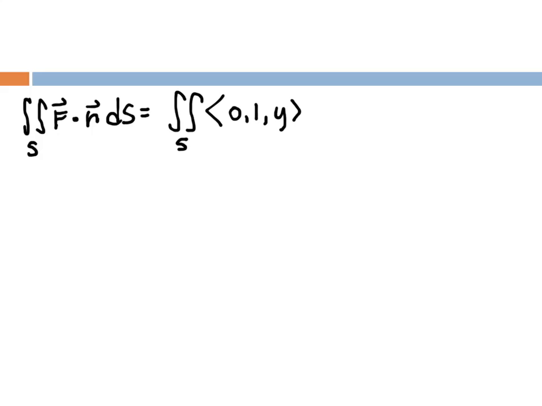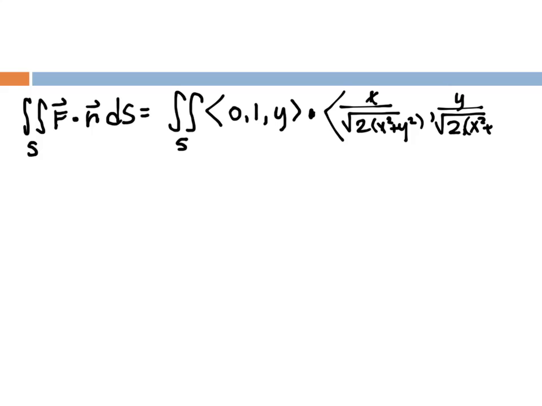And we have the vector n that we just created on the previous slide, which was a lot more complicated, right? x over the square root of 2 times the square root of x squared plus y squared, y over the square root of 2 times the square root of x squared plus y squared, and then 1 over the square root of 2.